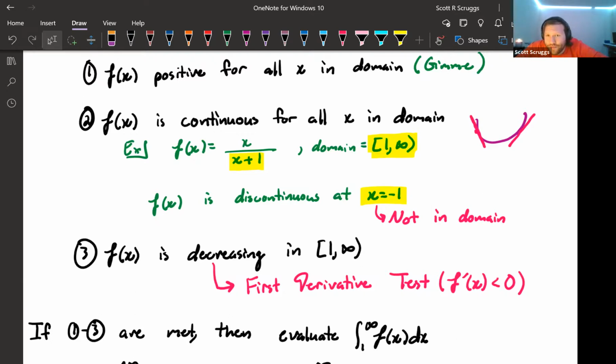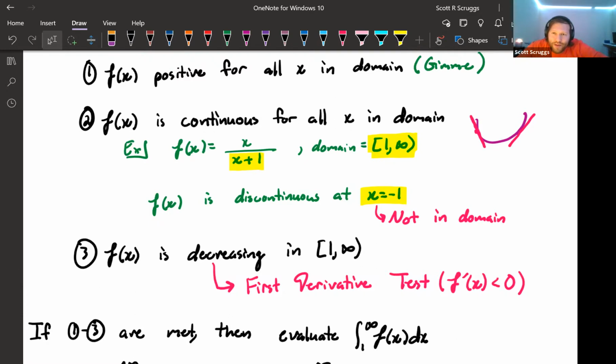Condition 2 says that my function f of x must be continuous for all x in the domain. Best way that I can think of to verify that is to first say, okay, well, let's see if there is a point of discontinuity. If you do have a trouble point like that, then you'd ask, okay, is it in my domain? And if it's no, okay, then we're still good.